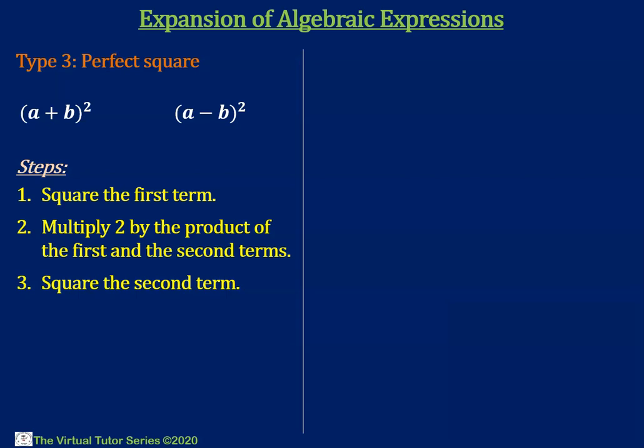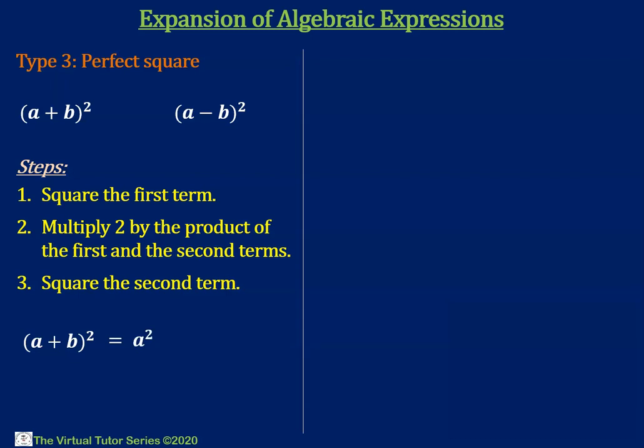So we have the first expression to be (a plus b) all square. In this expression, a is the first term and b is the second term. The first step is to square the first term. So we have a square.